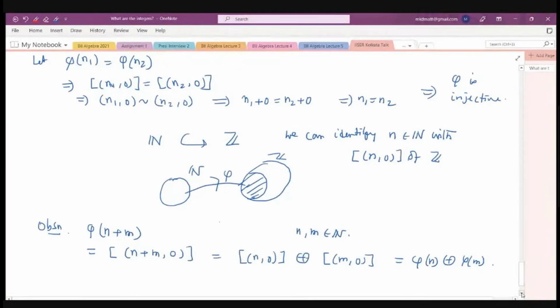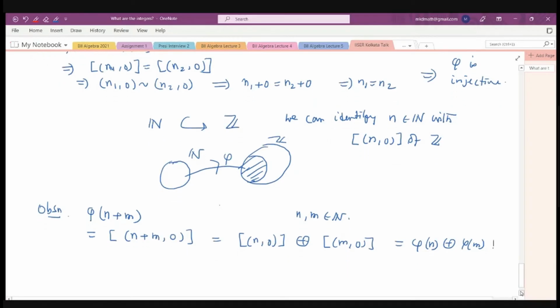This map respects the addition. So it says that if you take two natural numbers and add them as natural numbers and then apply phi, this is the same as applying phi first and then adding them in this bigger set, the integers. So in this sense, N is embedded inside Z, but its algebraic structure is also intact in Z. So nothing is lost. Every property of N is retained inside Z. So phi respects addition.